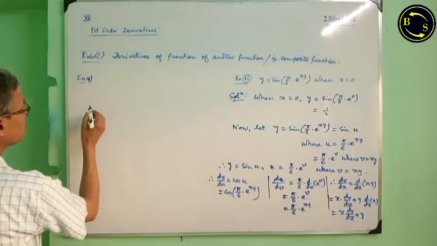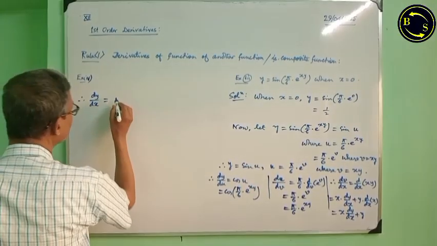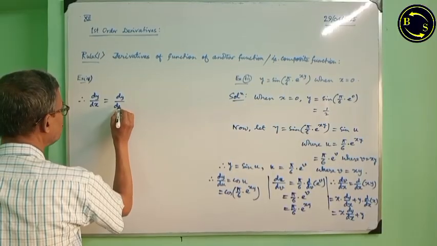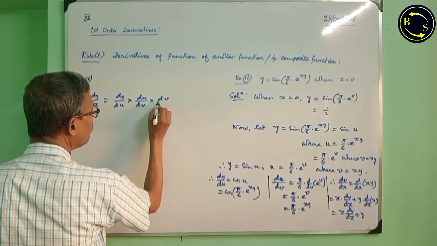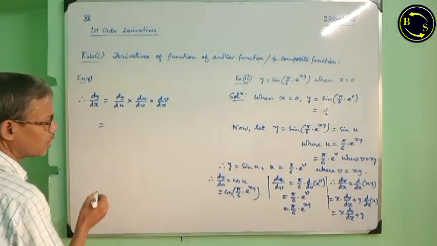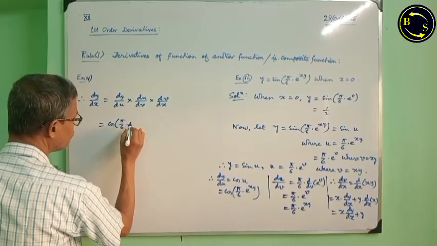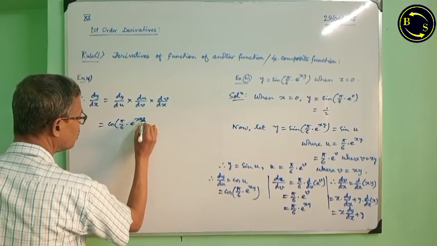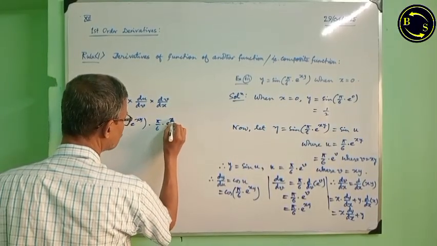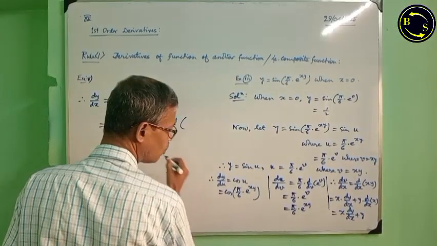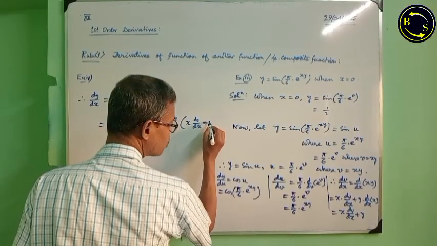Now I come to the left part. Therefore dy by dx is equal to, first we write the chain rule, cos of pi by 6 into e to the power xy into pi by 6 e to the power xy into x dy by dx plus y.